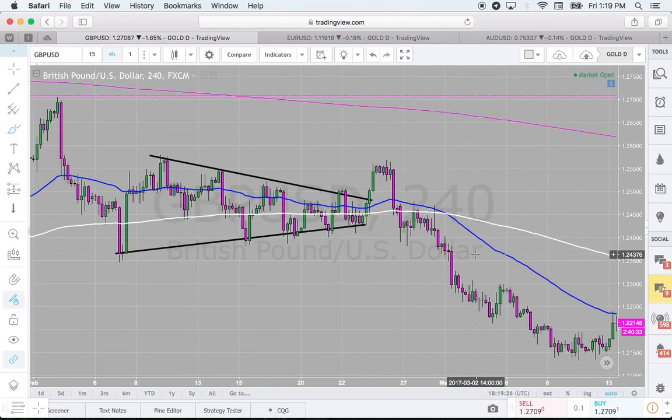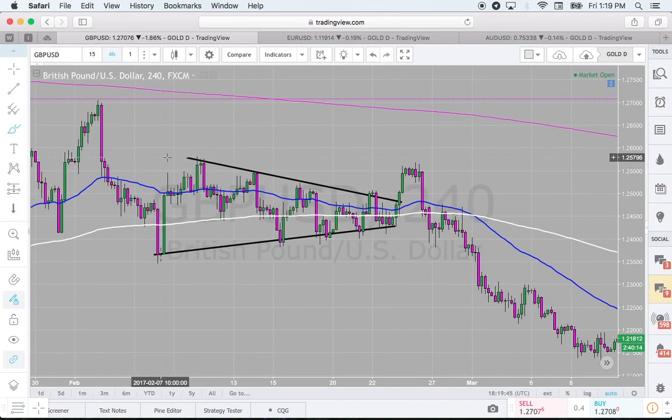But it's all used against us. You have to realize this. It is all used against us to take our money. It's all about the money, you guys. So, check this out. The breakout also created a second leg of this M formation right here.